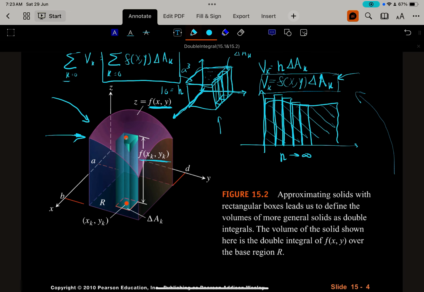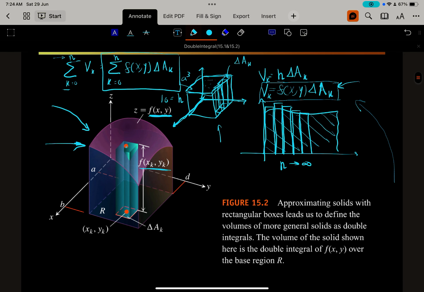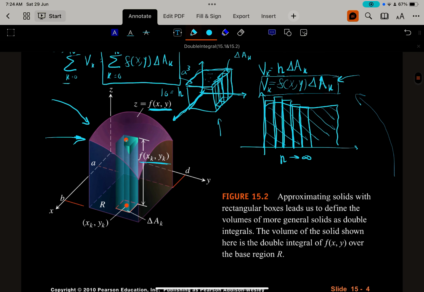At that point we need to find the height, and then we also need to find the area of the box at that point, which is delta Ak. So we would need delta xk and delta yk and multiply those to get the area delta Ak. Remember, delta Ak is delta yk times delta xk.